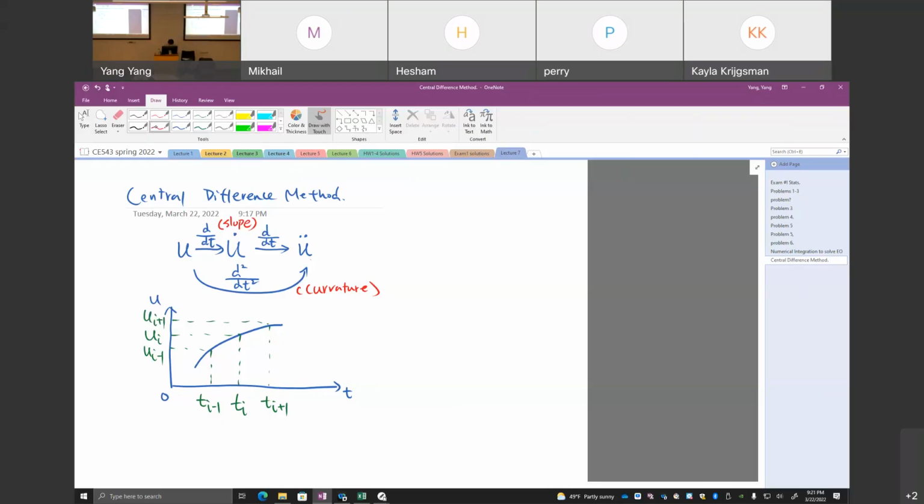And we assume the time step is a constant, equal to delta t, where delta t is called the time step.